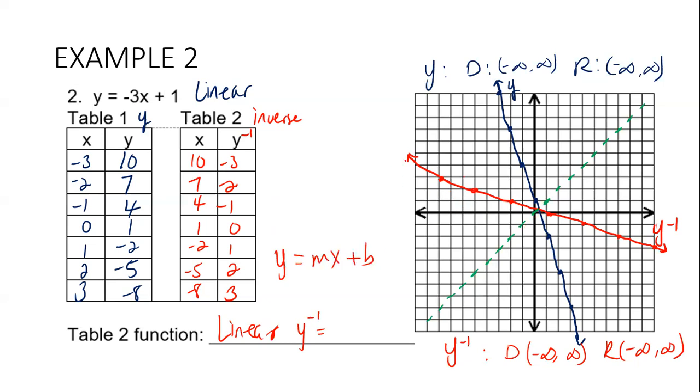So what's the slope of our red line? Negative 1/3. Good job. And where does it cross the y-intercept? It actually crosses at 1/3.